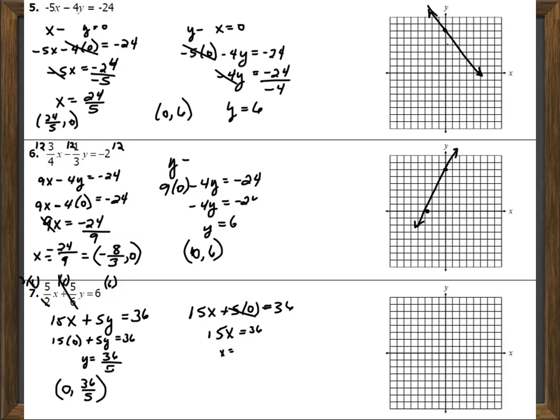So x is equal to 36 over 15. And those will both divide by 3. So that would be 12/5, 0.